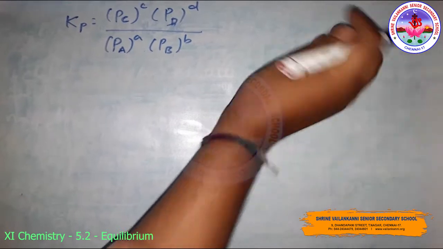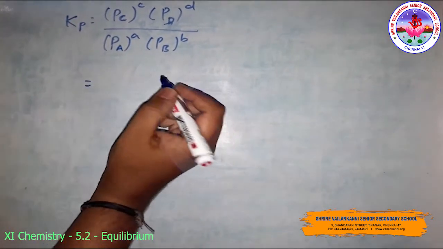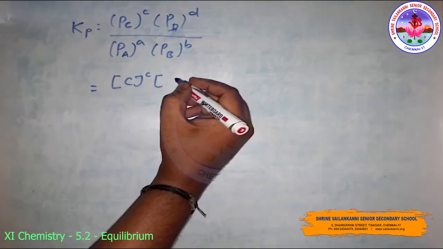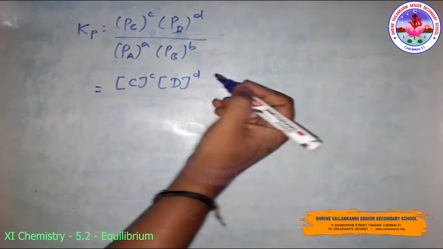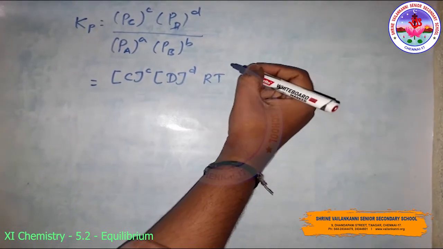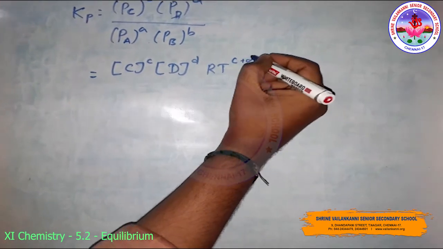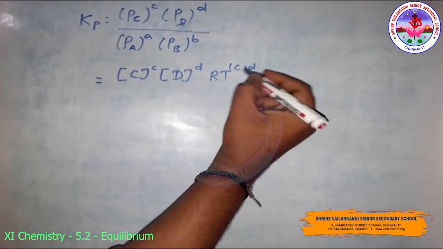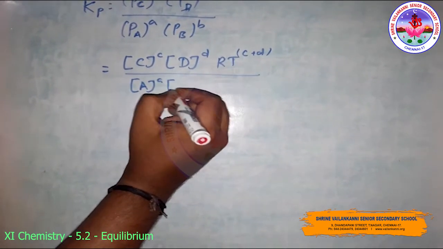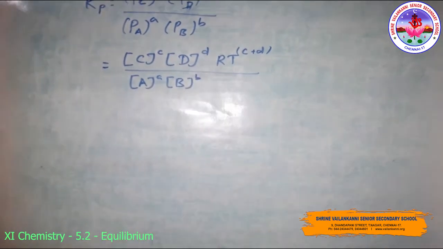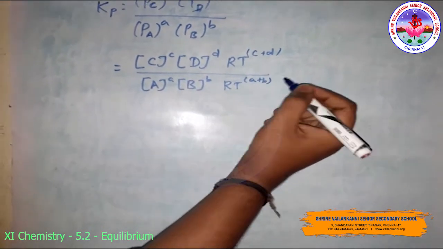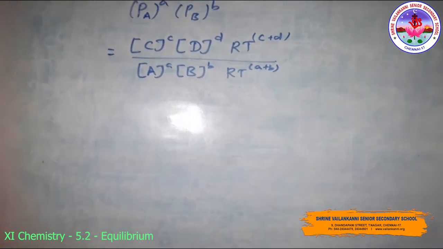Applying the previous equation values, we get concentration of C power c, concentration of D power d into RT power c plus d, divided by concentration of A power a, concentration of B power b into RT power a plus b.